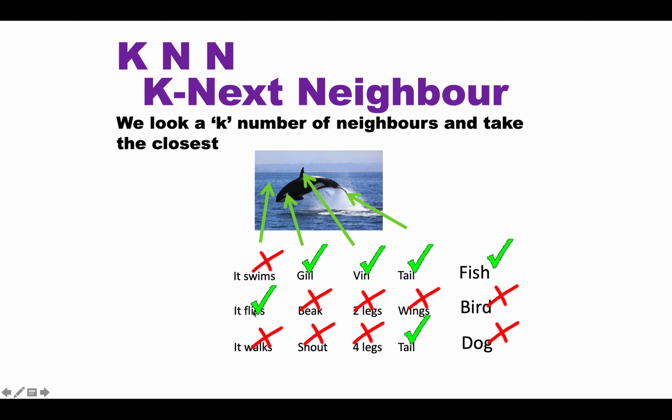It isn't a bird. Although it flies, or appears to fly, it doesn't have a beak, it doesn't have legs, and it doesn't have wings. But it's not a dog either, because it doesn't walk, it doesn't have a snout, it doesn't have 4 legs, but it does have a tail. Now, somebody very clever in the audience, or even my son earlier this afternoon, mentioned that this is actually not a fish.